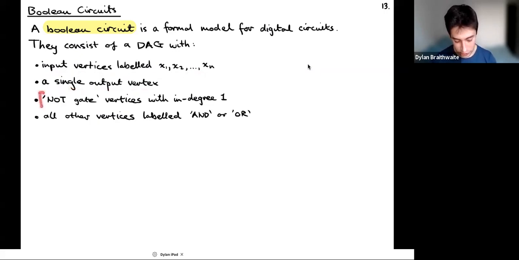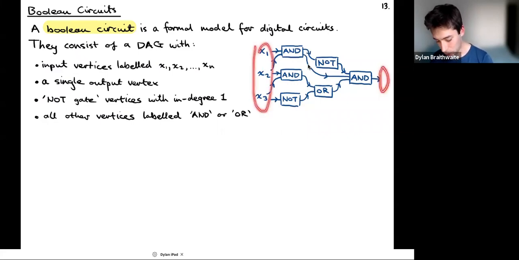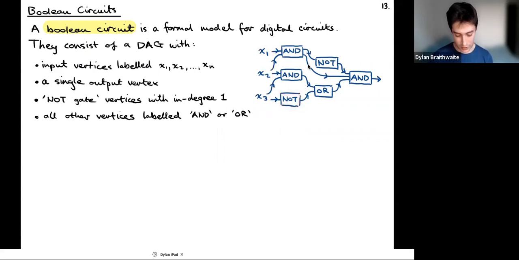So you have NOT gates with one input, and AND and OR gates, which can have any number of inputs, and the output is just cloned. I think the nicest way to depict this is something that looks a bit like a string diagram, where you have all your inputs at the start, one output, and everything else as a block here.